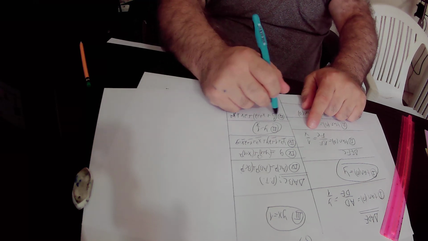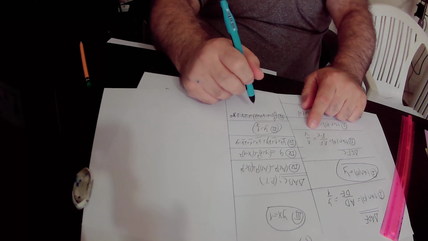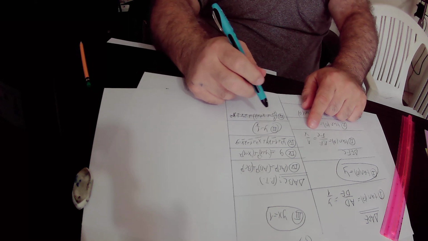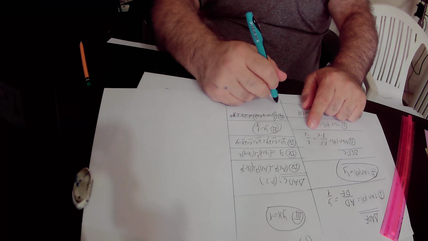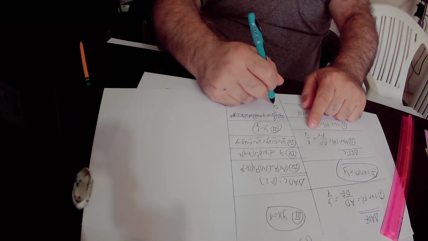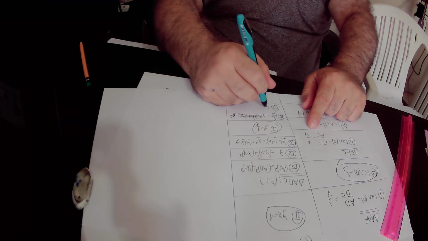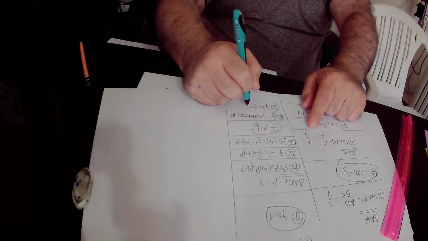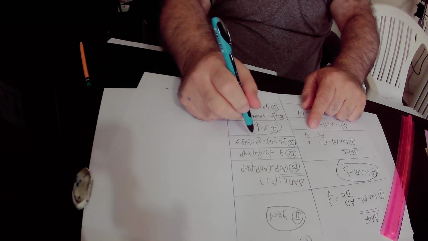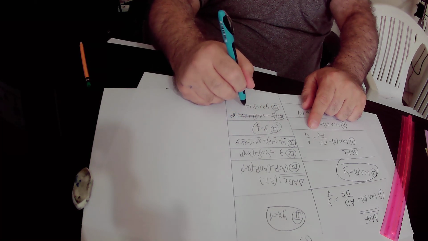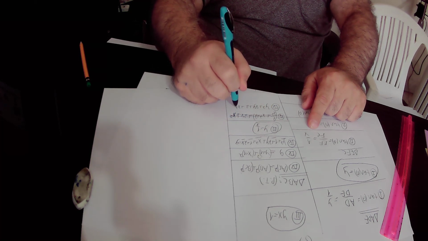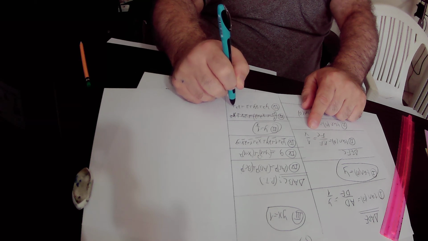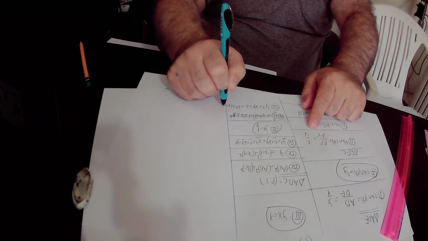Again we have here y squared plus 2y plus 2 plus x squared plus 2x equals 9.